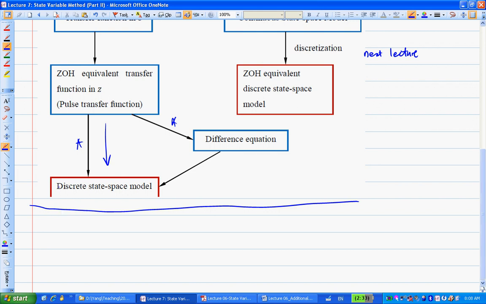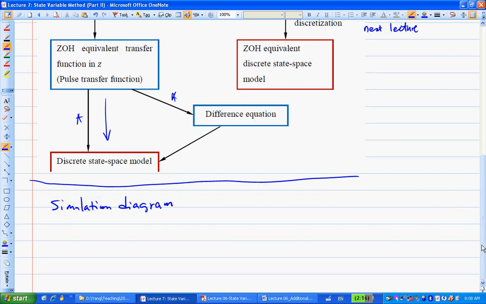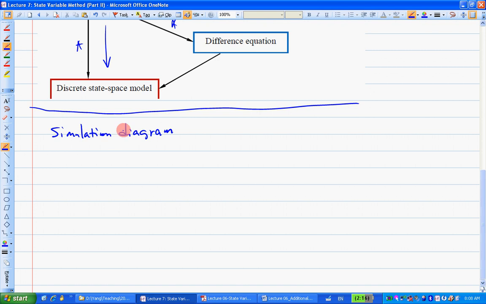But first of all, let me introduce this idea, the so-called simulation diagram. The state space model will usually be very easily derived once you have a simulation diagram, but there are different ways of drawing a simulation diagram. So before we introduce the simulation diagram, I want to introduce a simple so-called shift register.